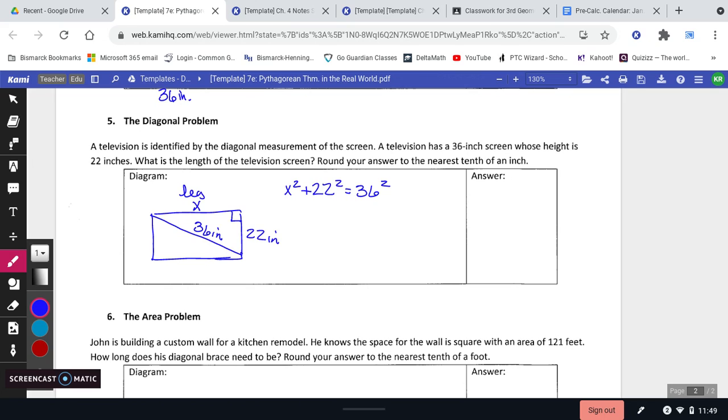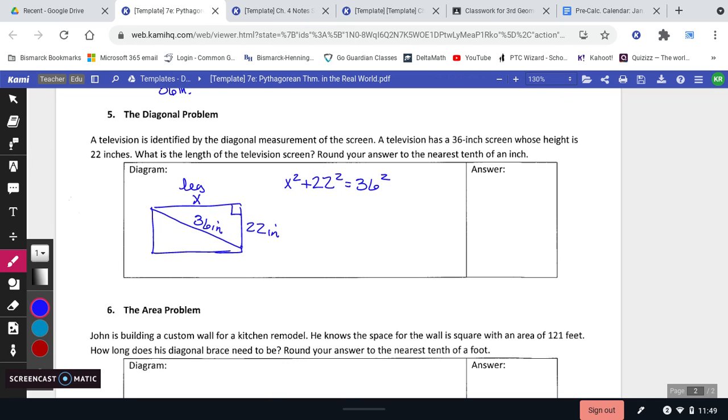So be careful. If you haven't turned that in, go back, look at that assignment again, and make sure that if the hypotenuse was one of the pieces of information that you knew, you put that in the c squared spot. Okay, that is all for today. That should give you hopefully enough direction that you can finish this and get that turned in.